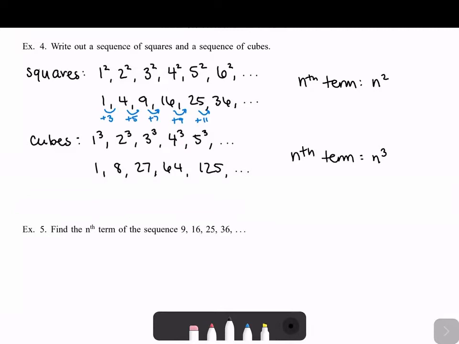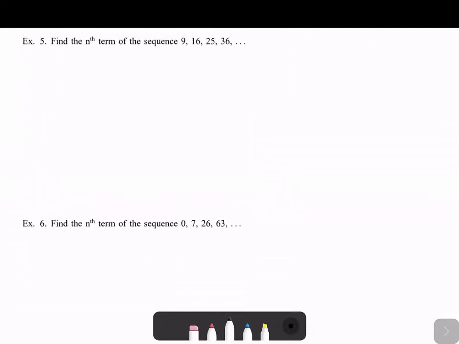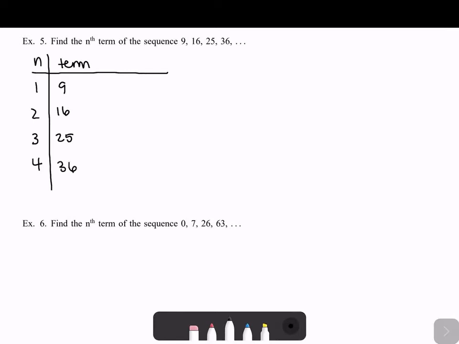So now we're going to shift them down here. So we're going to make a table like we did before. So we have an n and a term, and we're going to try and find the pattern. So in this one, we are given the first 4 terms, where the first term is 9, second one is 16, third one is 25, and the fourth one is 36.